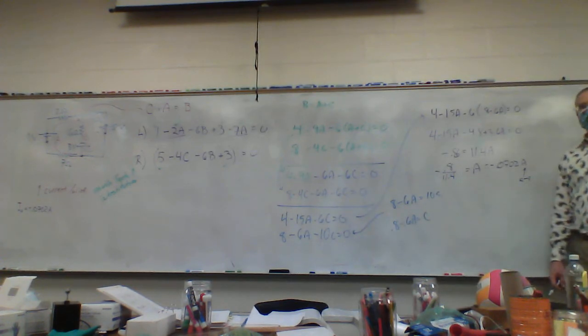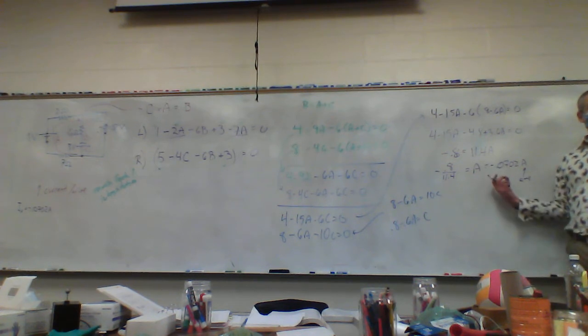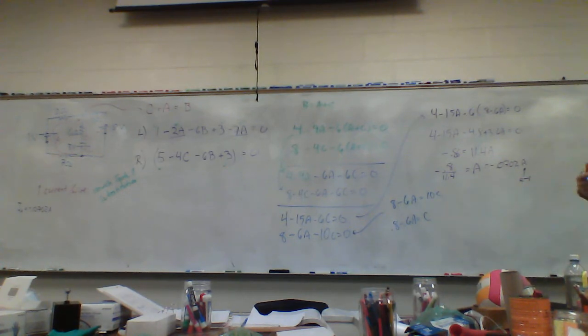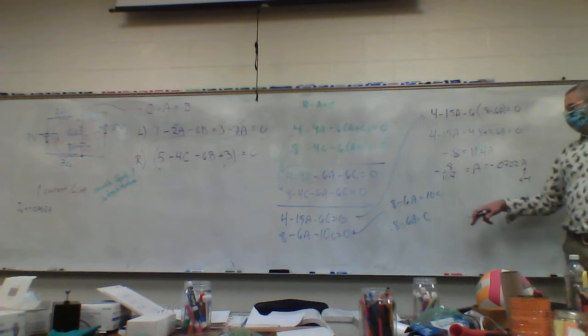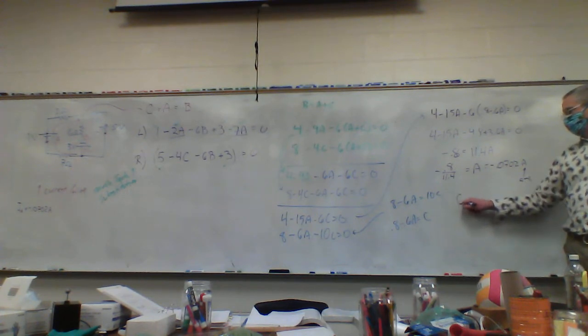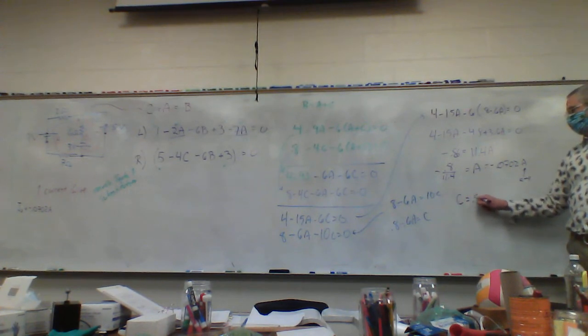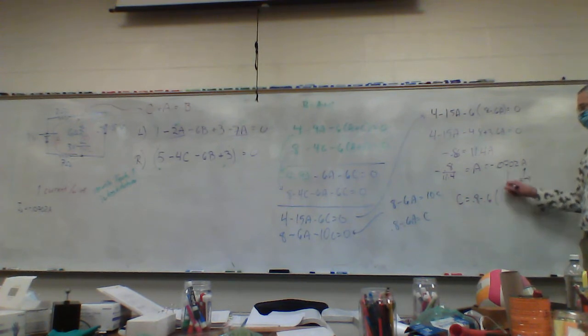I'm assuming somebody in here has checked my work as I've gone and made sure I have not got a minus sign in the wrong spot. We'll assume not unless somebody corrects me. So C is equal to 0.8 minus 0.6 times that.